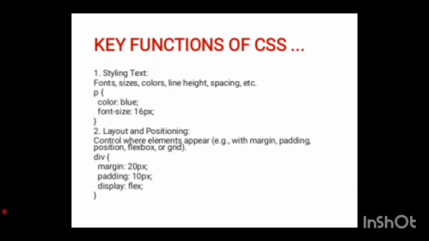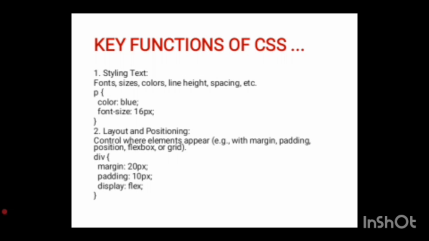So let's go on to the key functions of CSS. Number one function we have is styling text. On styling text, we have font sizes, we have colors, we have line weight, we have spacing, and etc. For example, if we have a paragraph and we want to set the color blue and font size 16 pixel.